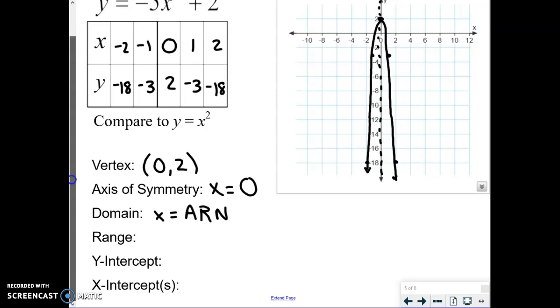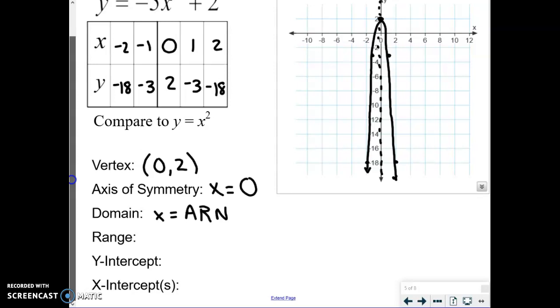Now the range, we're asking ourselves here, what's the limit of our range? And now if you take a look at the graph, the vertex will always give you the limit of your range. In this case, our graph is opening downward, and it starts at, you got it, 2.